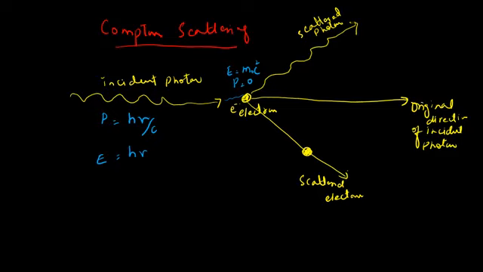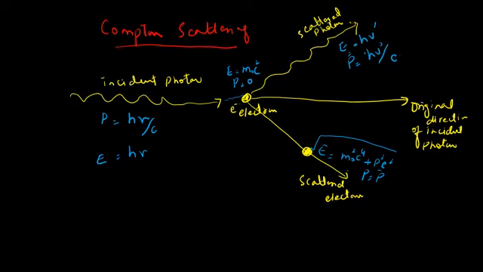The scattered photon has energy E equals h mu prime, and its momentum can be represented by h mu prime divided by c. And the electron has energy equal to the square root of m naught square c to the fourth plus p square c square.